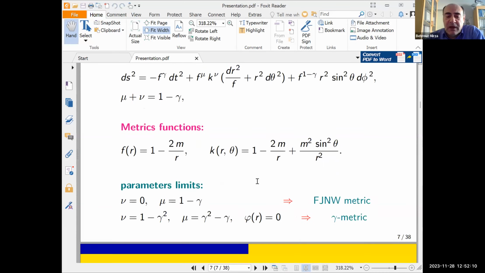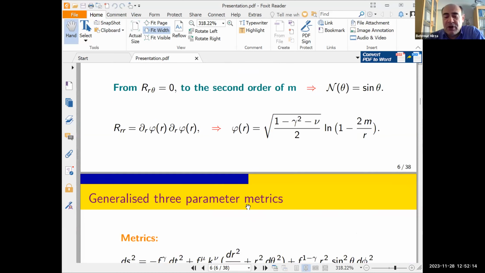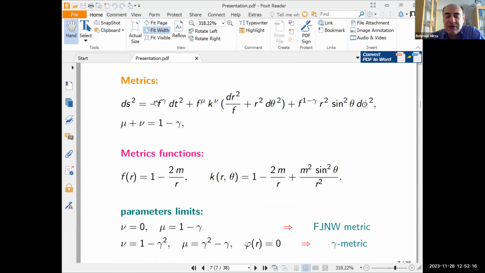And at different values of these parameters, this three-parameter metric reduces to the JNW metric and the gamma metric that are well known, and many papers are written for these two types of metrics.